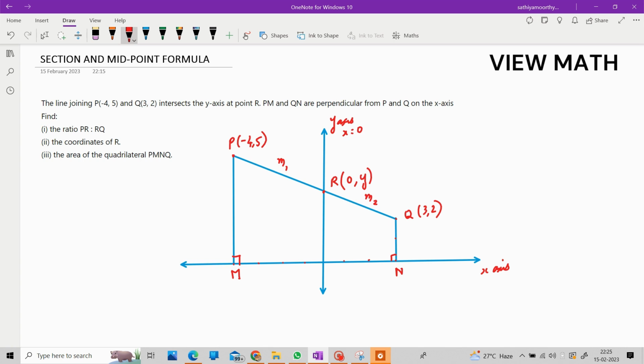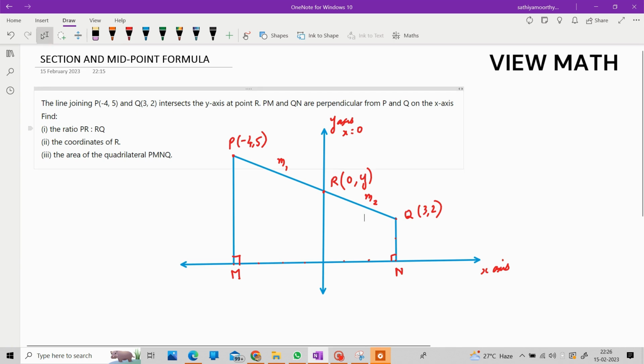The x coordinate we know is 0, and the y coordinate I can find using the section formula. Next they are asking us to find the area of the quadrilateral PMNQ. You can see this quadrilateral, PMNQ, whose area they are asking us to find. So one by one let me proceed.